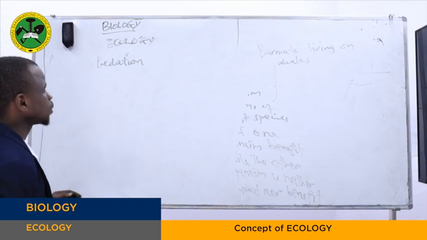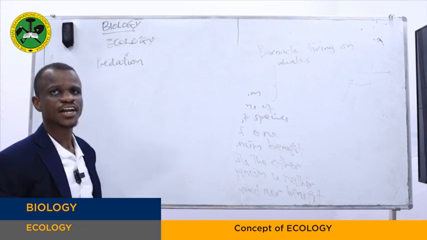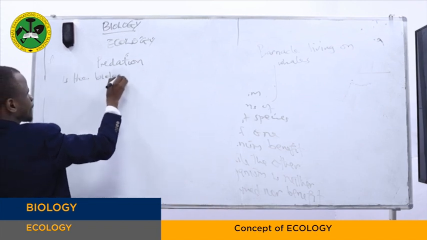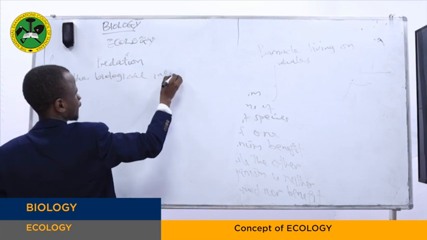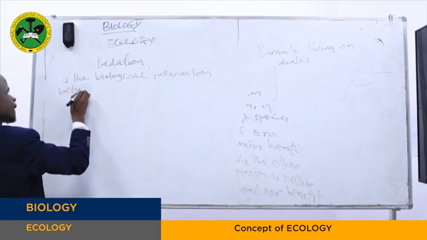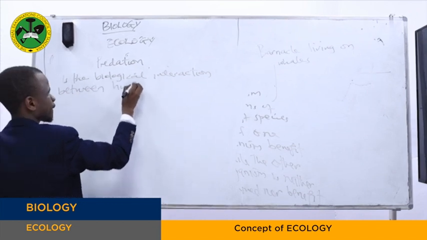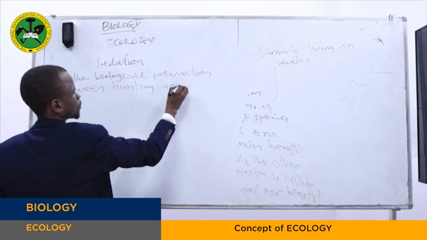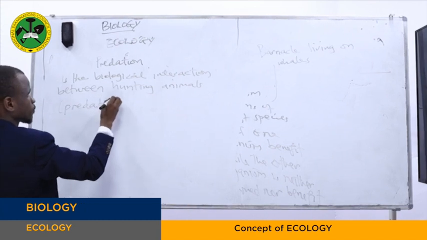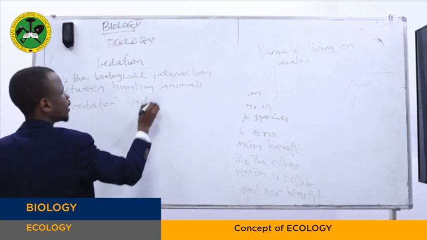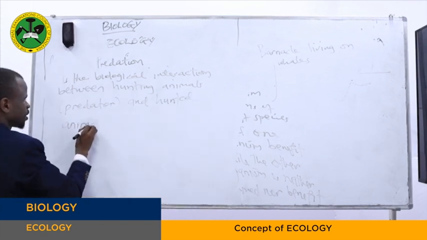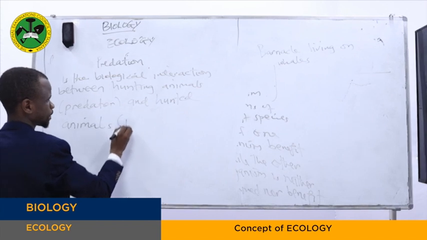This is a biological interaction between a predator and a prey. A predator and the hunted animal, a weak animal, prey.